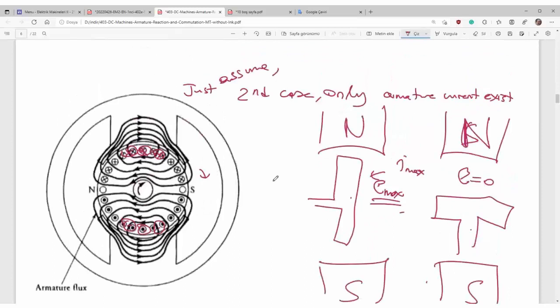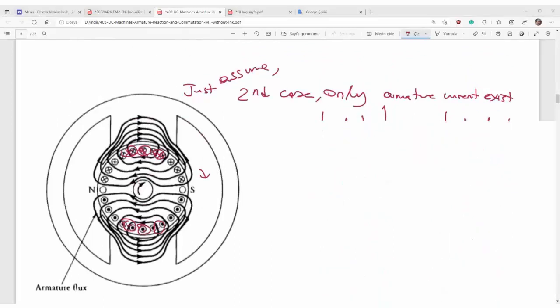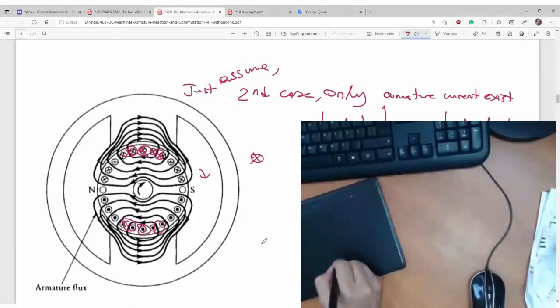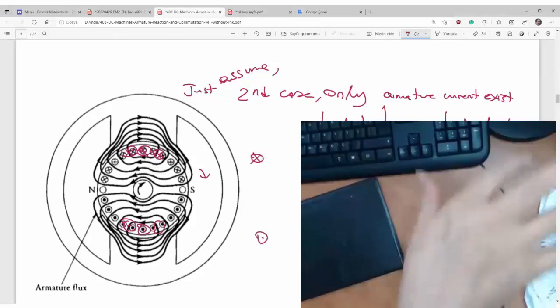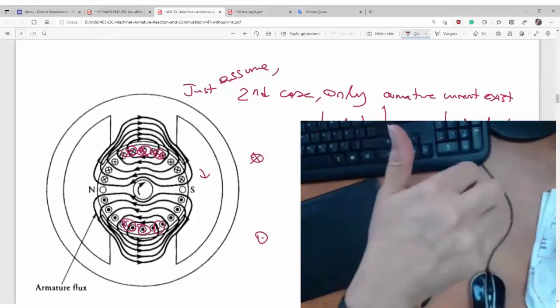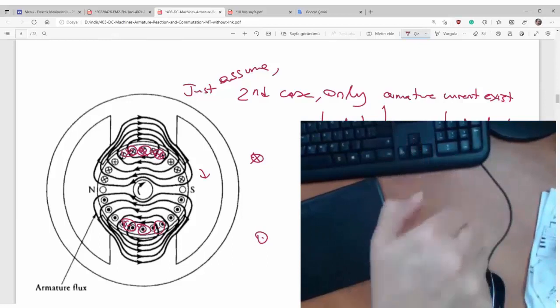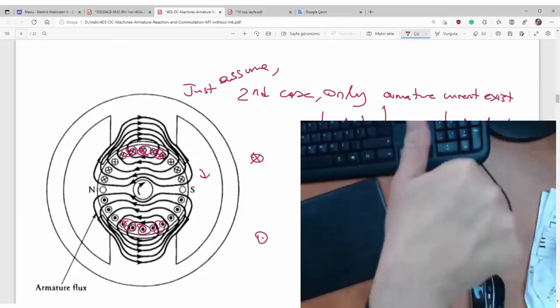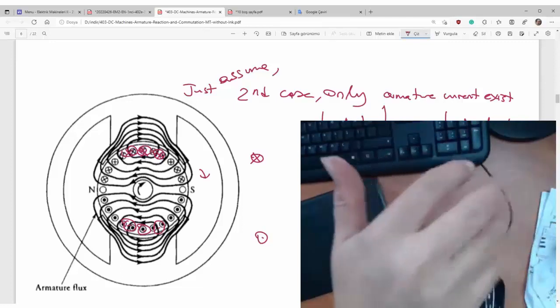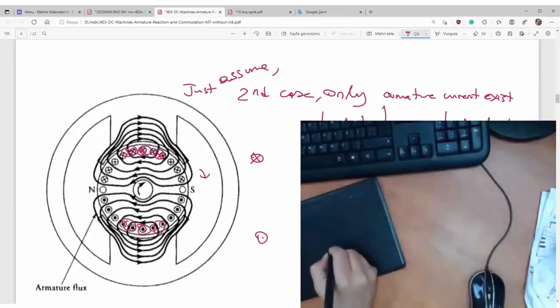Okay, let me switch my camera on again. Here are some crosses. Here are some dots. Okay, let me show the right hand thumb rule, screw rule. That is the current direction. That is the magnetic field direction. Let me draw here.